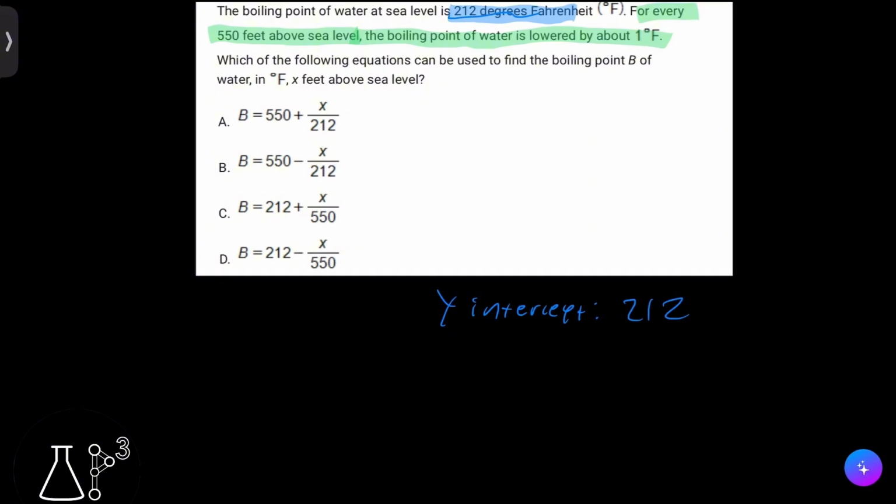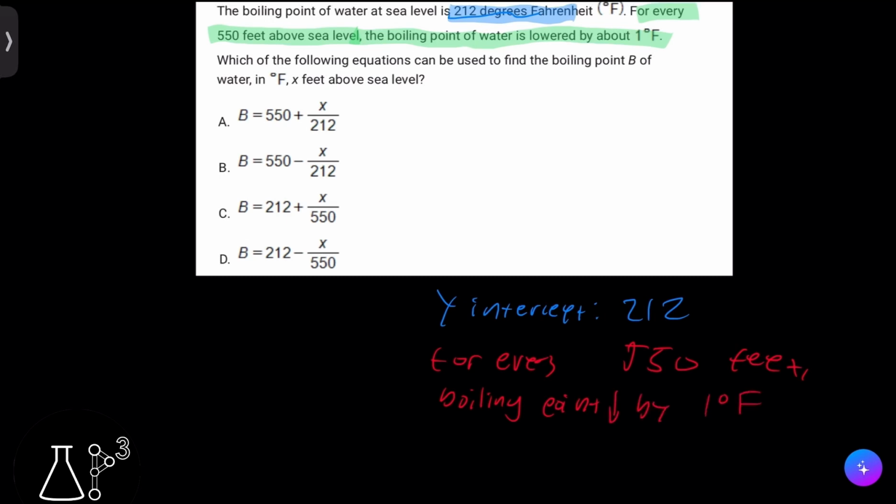What does that mean? That means for every increase of 550 feet, the boiling point is lowered by 1 degree Fahrenheit. So for every 550 feet, the boiling point decreases by 1 degree Fahrenheit.